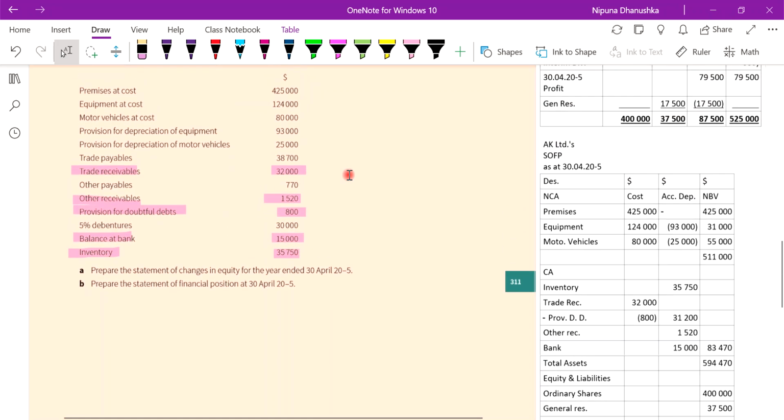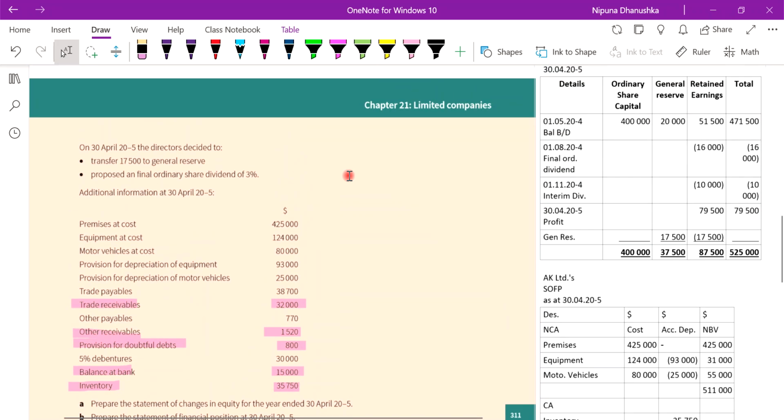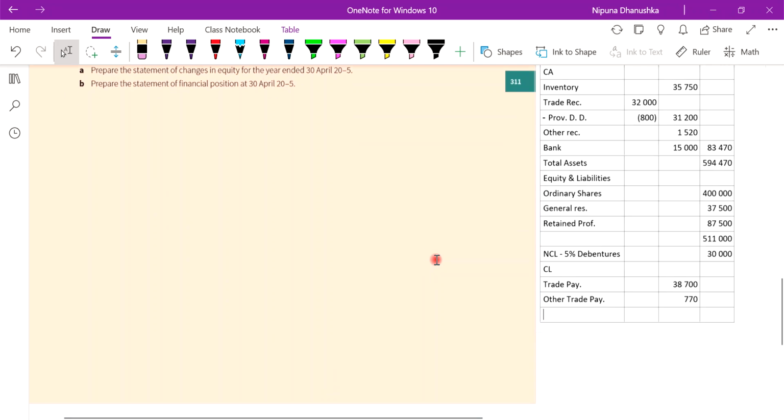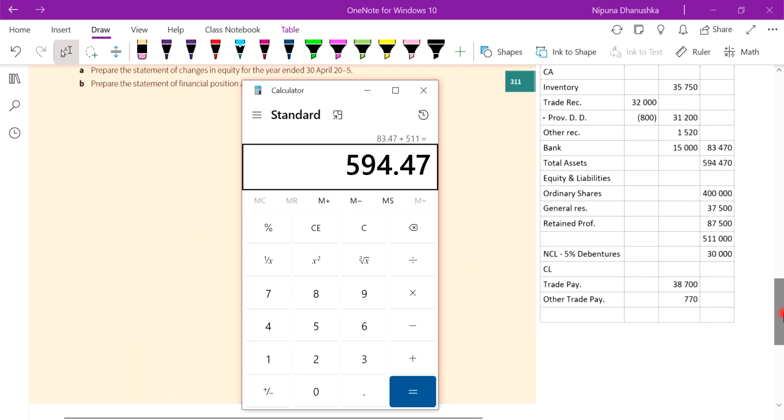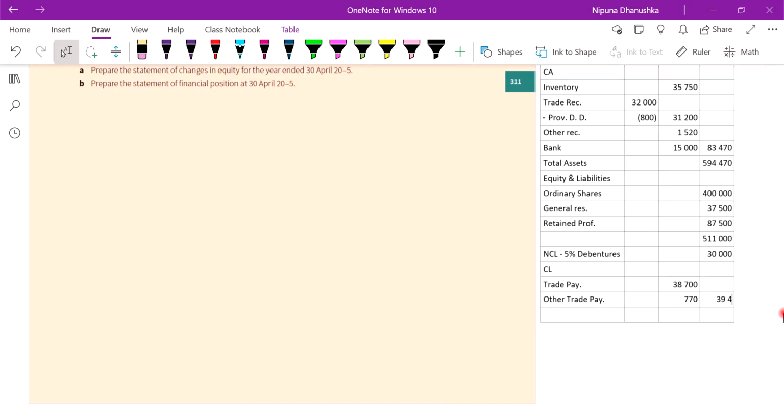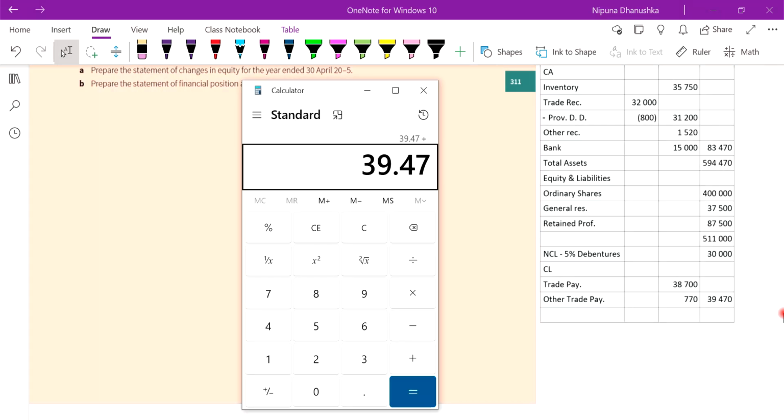That's all. Then let's get the total of those: 38.7 plus 0.77, 39,470, plus 30 plus 511.